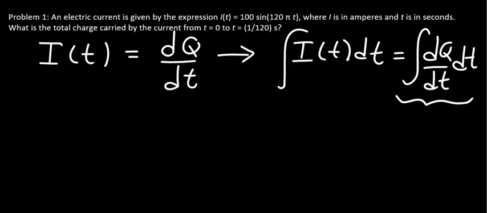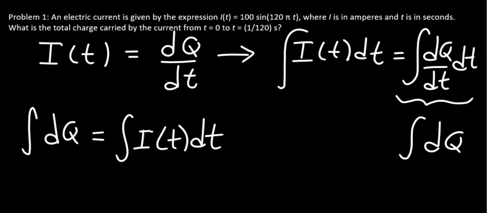The right hand side of this equation will simply become the integral of dq. Now note that this is quite simply the same equation that we have rewritten over there.